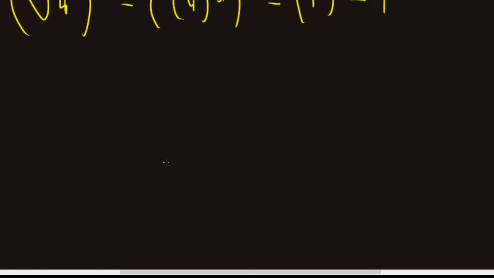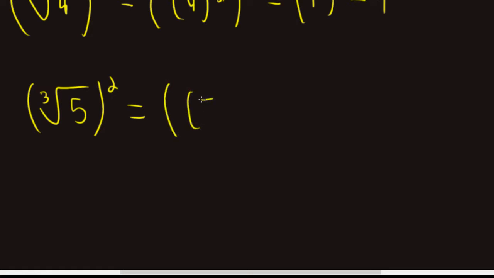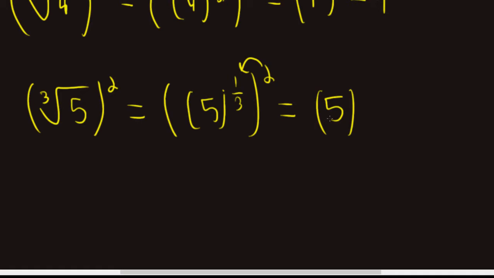Well, what else can we do with this knowledge? We also get some kind of weird stuff, like if you had the cube root of 5 raised to the 2. What's that equal to? Well, that is equal to 5 raised to the 1/3 power, raised to the 2. Again, you're multiplying the exponents on the outside with the one on the inside. 1/3 times 2 is the same thing as 2/3.